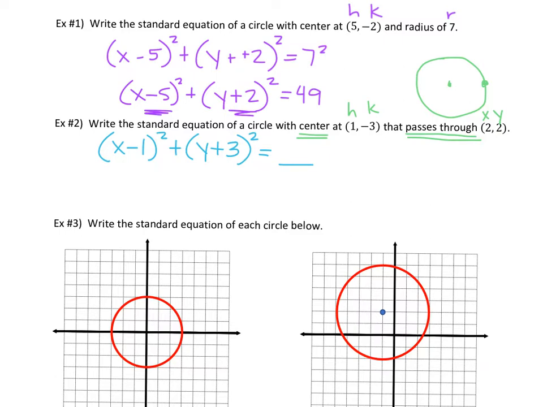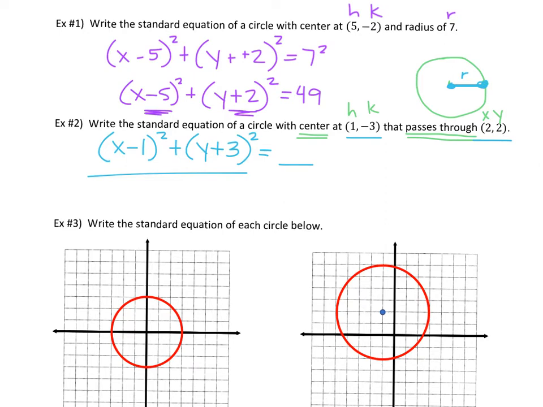If I were to square root this whole thing, that would be the distance formula. So basically what we're doing now is we're finding the distance between the center and the point on the circle. That's our radius, right? That's what we're looking for here. So I can take these numbers and plug them in here and get my radius squared.